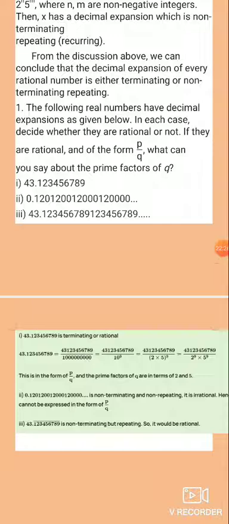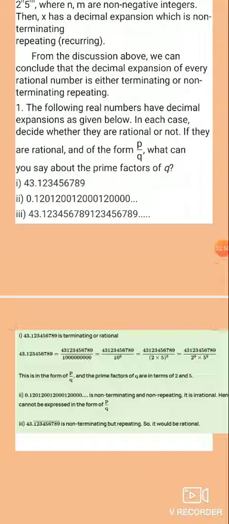Second one, when we consider 1.120120012, etc. We are very familiar with that. So what type of number is that? An irrational number. Clear? Now what about the last number? 43.123456789, etc. That number is a non-terminating, repeating number.